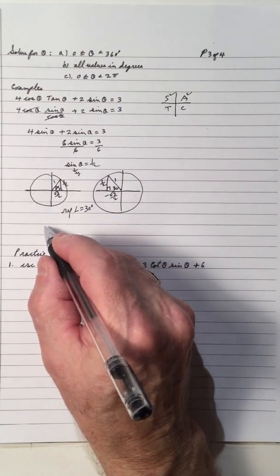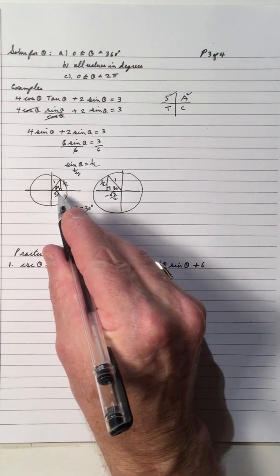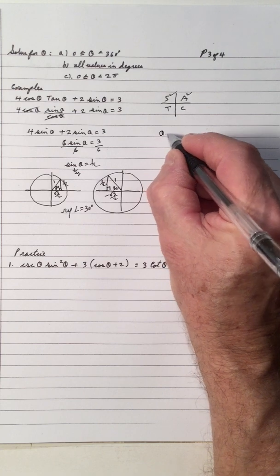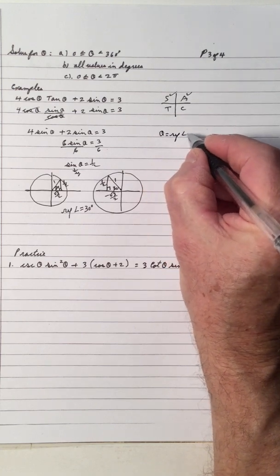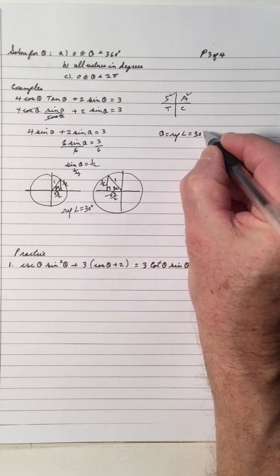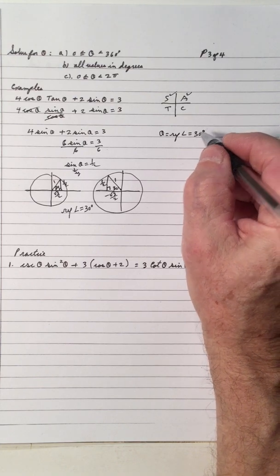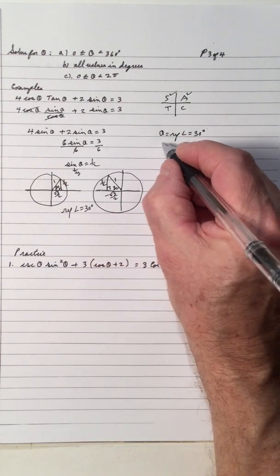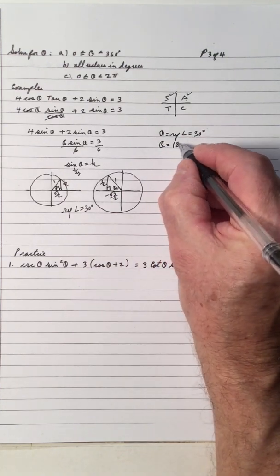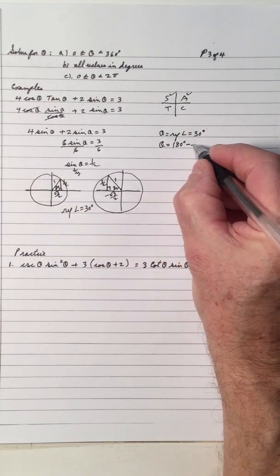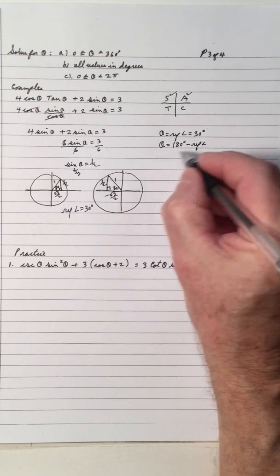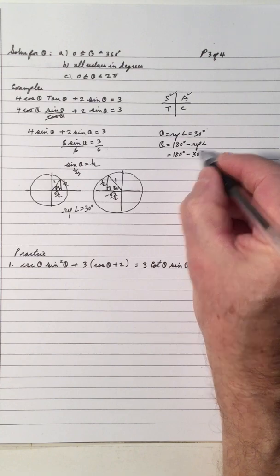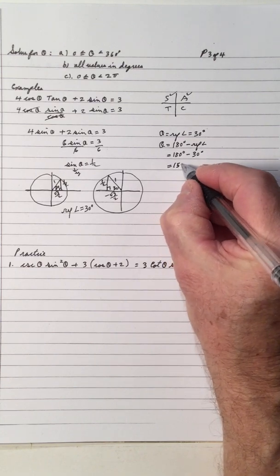Hence, in quadrant 1, theta is the reference angle, which is 30 degrees. And in quadrant 2, theta is 180 degrees minus the reference angle, which is 180 degrees minus 30, so we have 150.